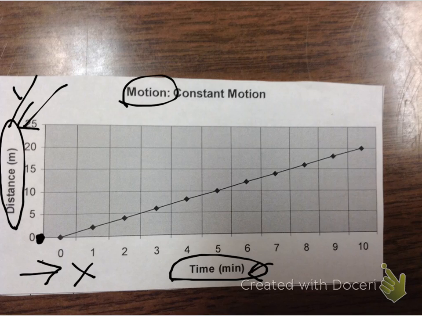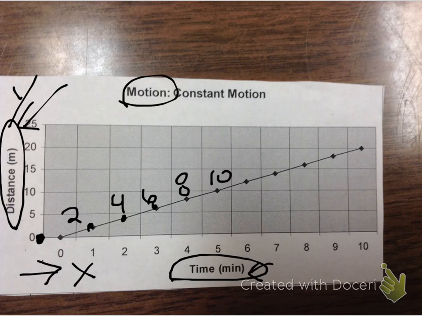At 0 seconds, this person was at 0 meters. 1 second later, they were at about 2. Then at 2 seconds, they were at about 4. At 3 seconds, they were at 6. Oh, I see a pattern here. 2, then 4, then 6, then 8, then 10.